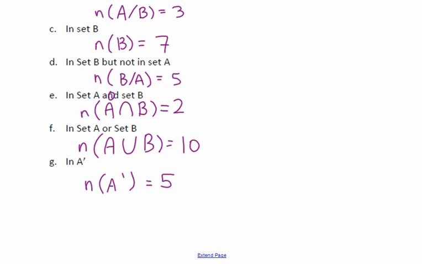If you were to find the complement of B, it would be B with a little apostrophe. Having set B but not A is the same as not A, in this case, because there is nothing on the outside.